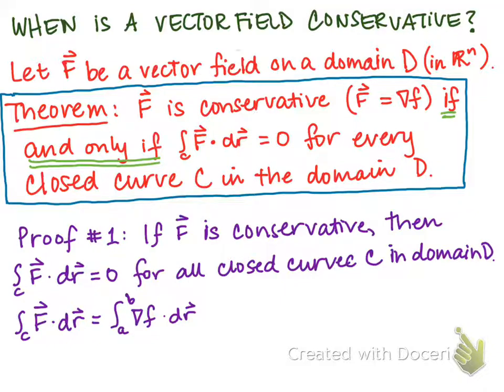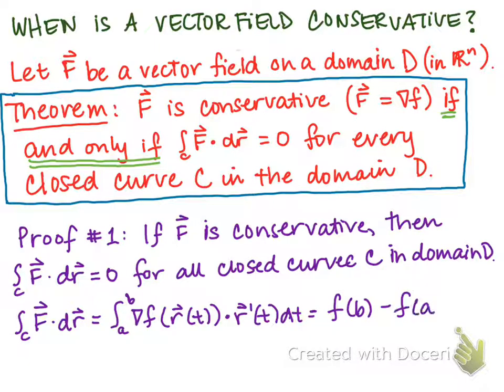Let me write this properly. So this would be the integral of gradient f of r of t dot r prime of t dt. But gradient f integrates to f. So this would integrate to f of b minus f of a.